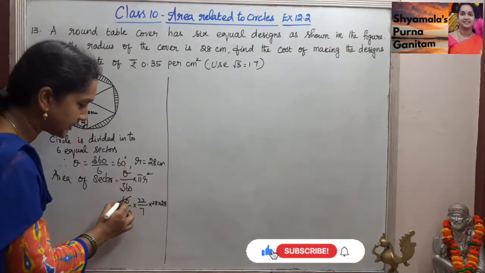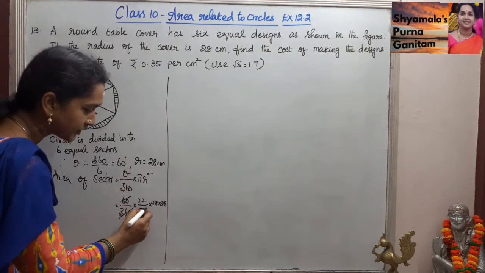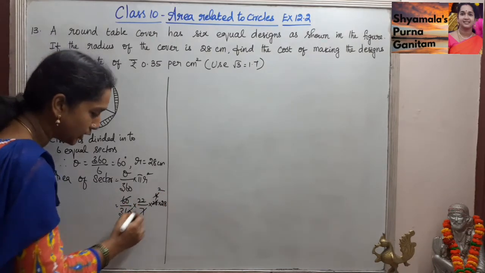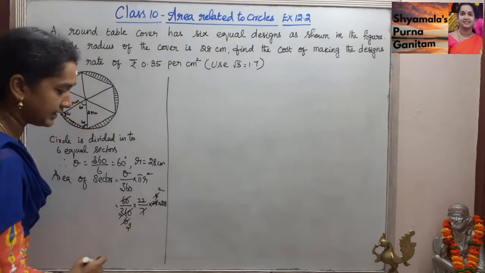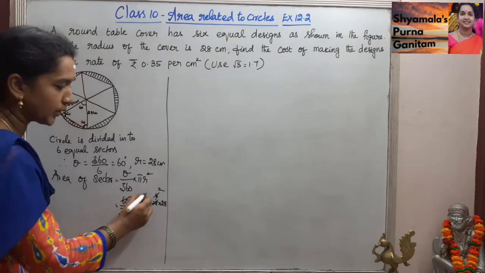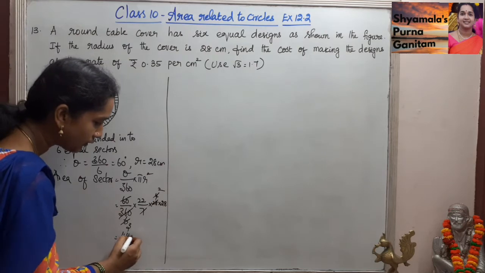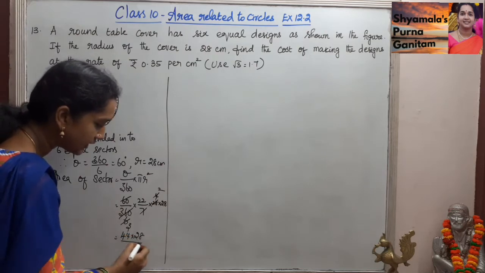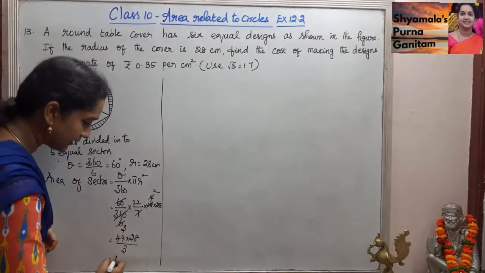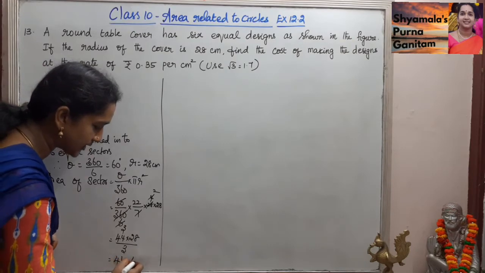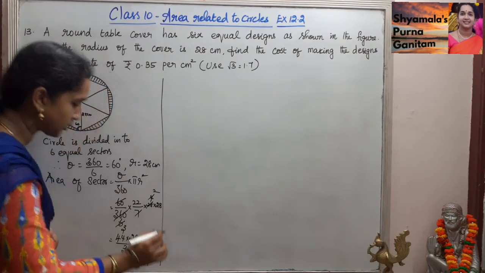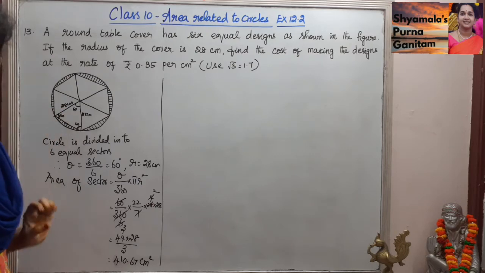We will simplify this. 22 into 2 is 44. 44 into 28 divided by 3. So we will get 410.67 centimeter square. So this is the area of this sector.